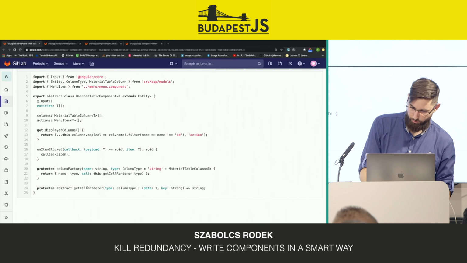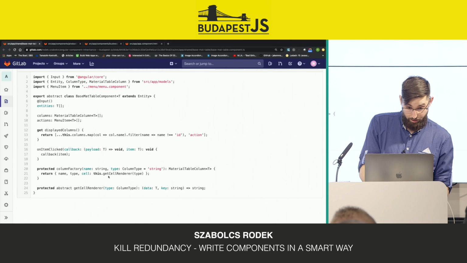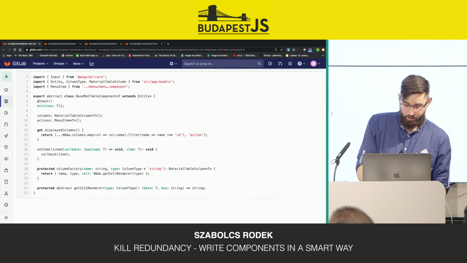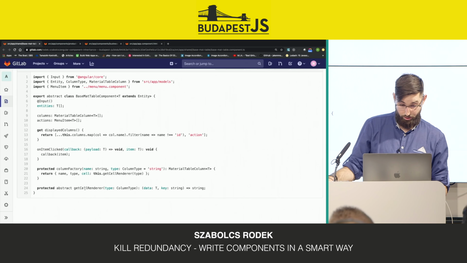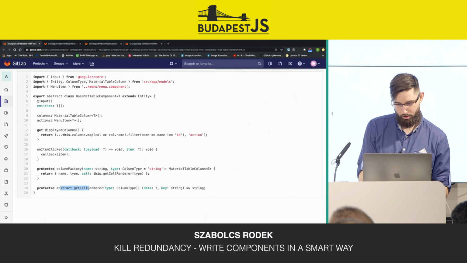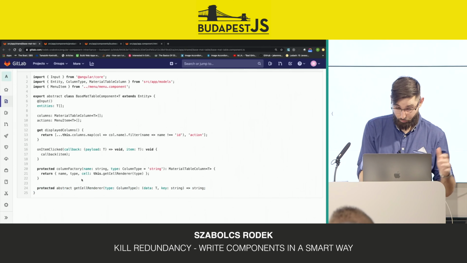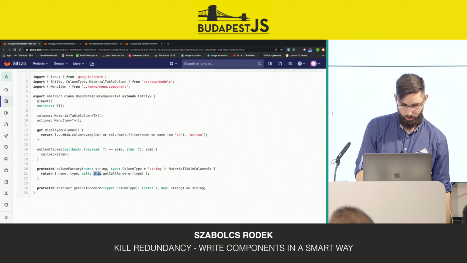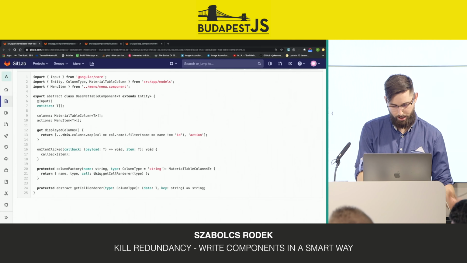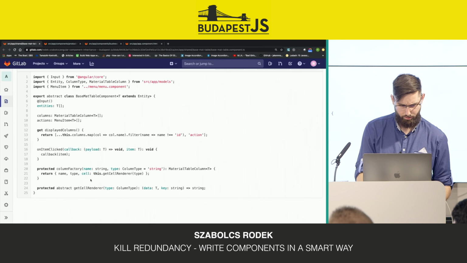It's a function at the end of the day. But this get cell renderer is going to have a slightly different implementation across the child classes. So because of that, instead of defining any kind of implementation here, you can use an abstract modifier, and with this you don't have to implement anything, but you can reference it in your other method.